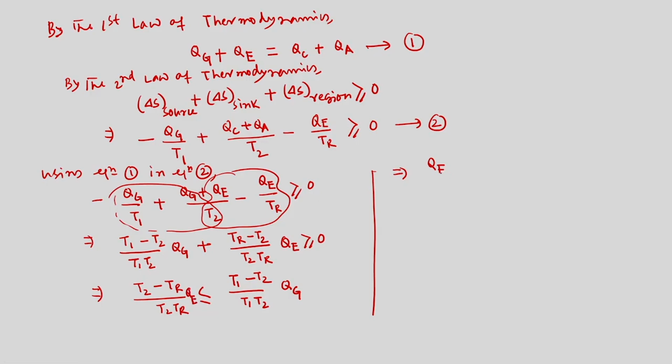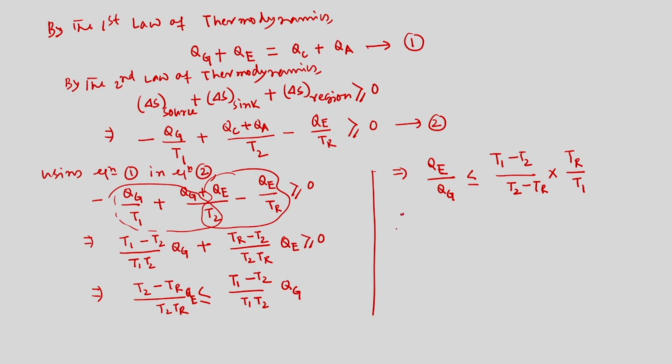Okay. So, this Qe divided by Qg is less than or equal to (T1 minus T2) divided by (T2 minus Tr), multiplied by Tr by T1, right.